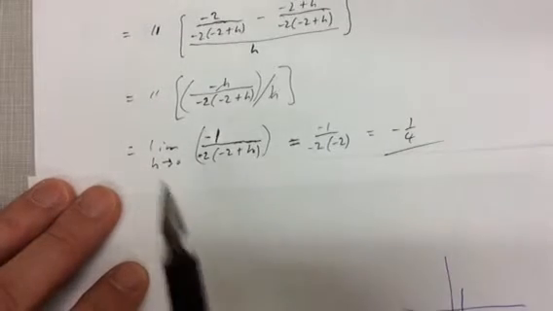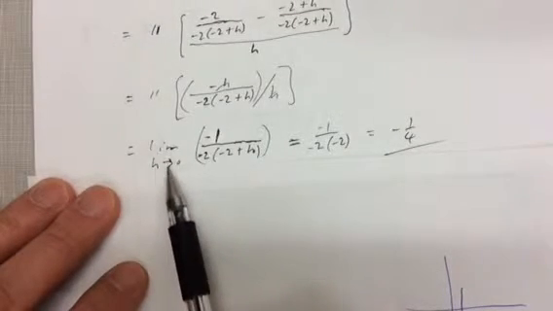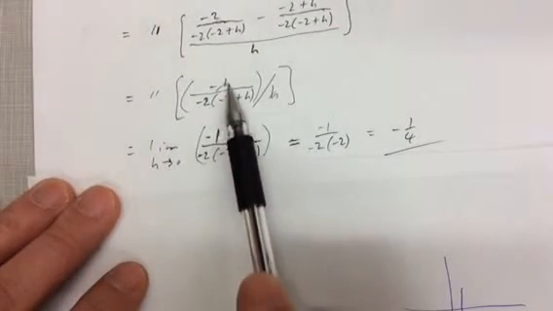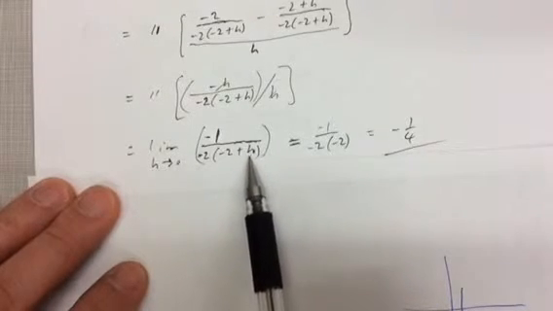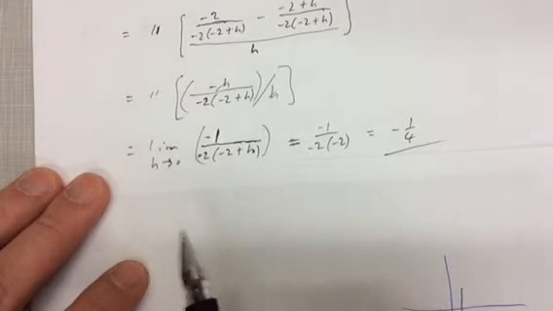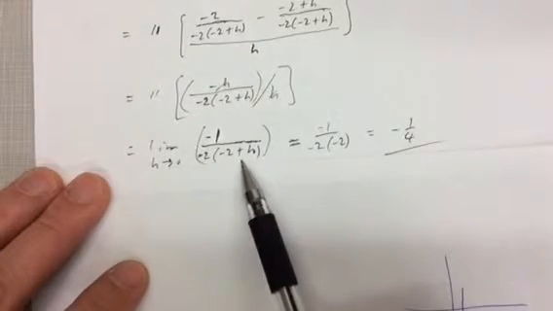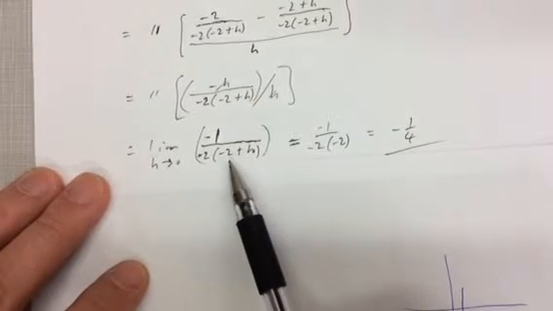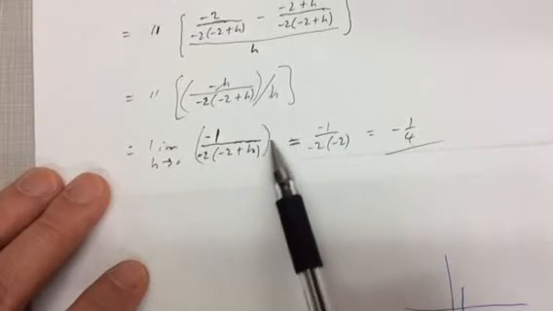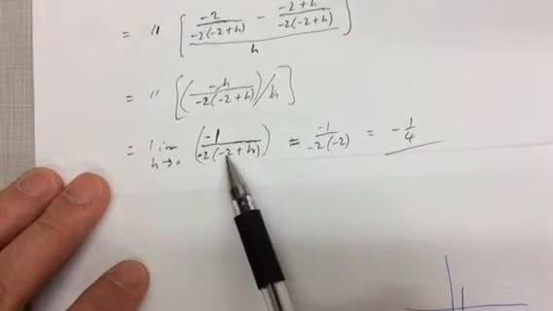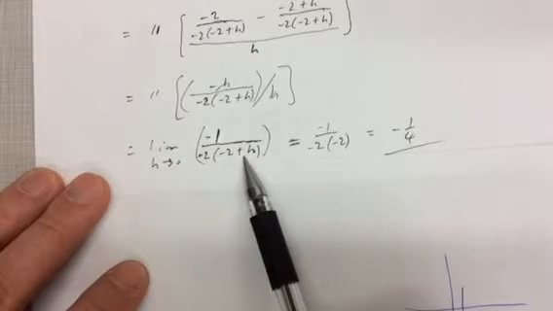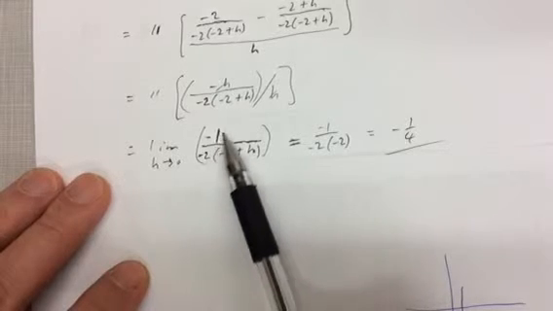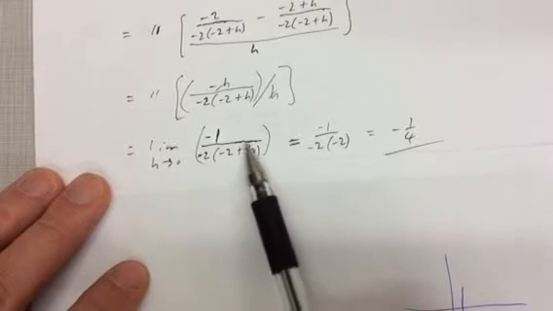Once you've done that, you've got the limit as h goes to 0 of negative 1 on the top over negative 2 times this. I didn't simplify that because it's not necessary at this point. As h approaches 0 on this thing, it is pretty clear that negative 2 plus h on the bottom approaches negative 2. h isn't in these two pieces, so we're really just looking at this.